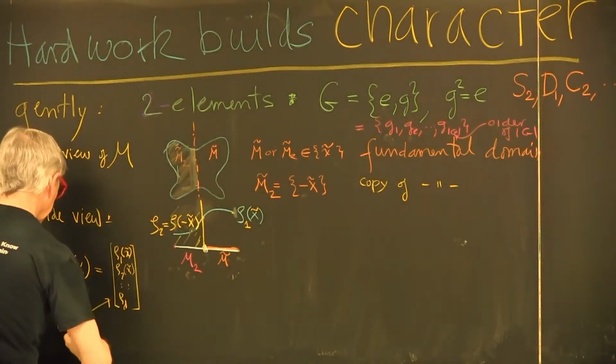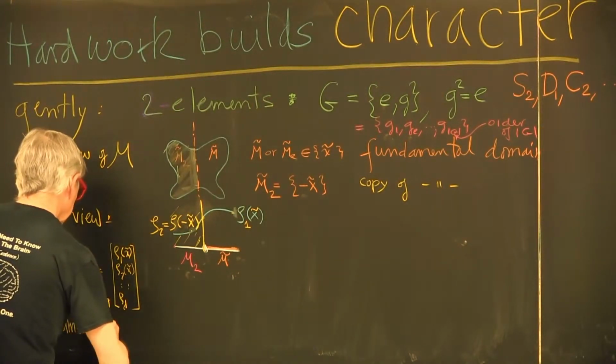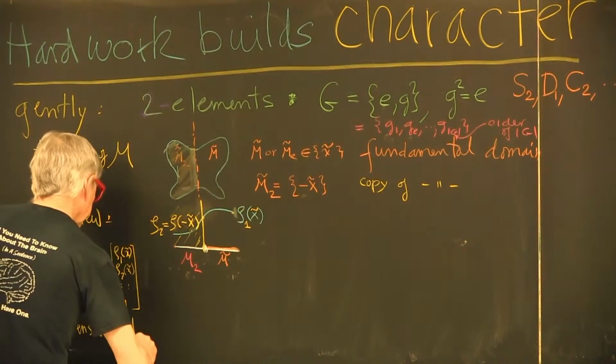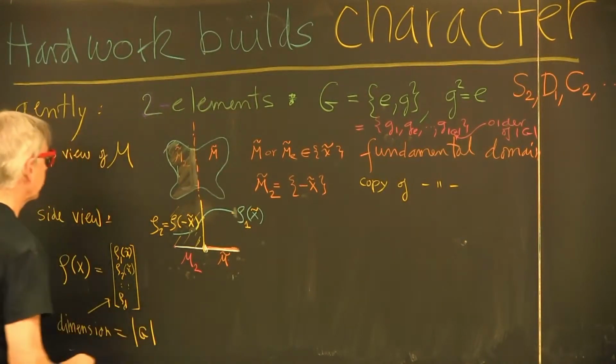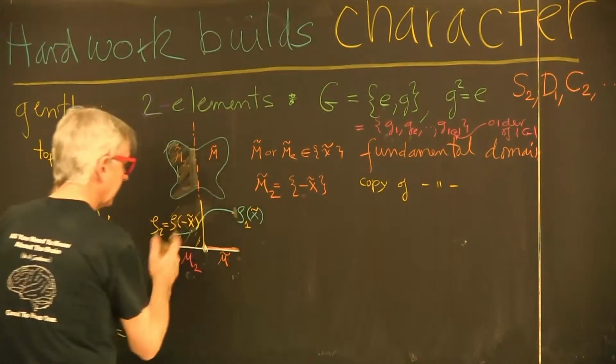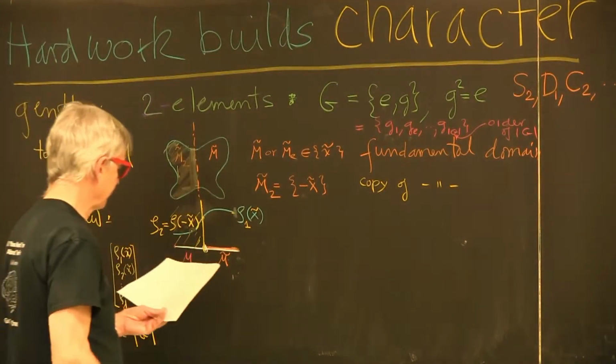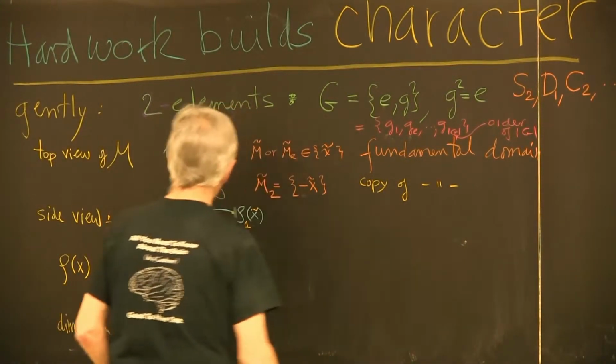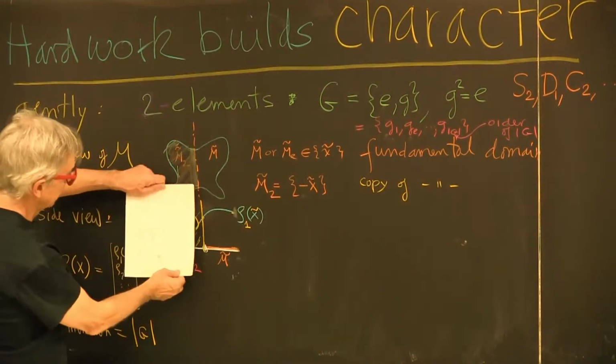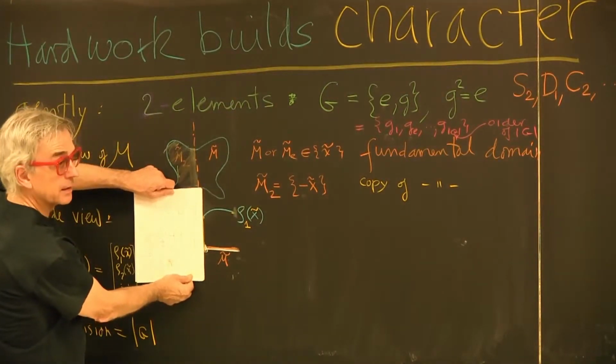The dimension of this vector is the order of the group, the number of tiles. Now, because of the symmetry, I can do all my work only in the fundamental domain.